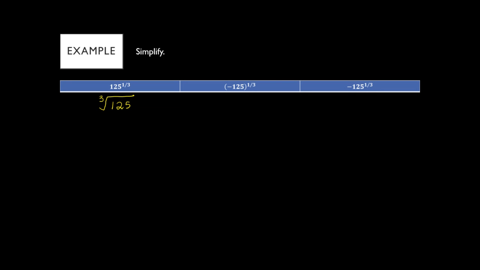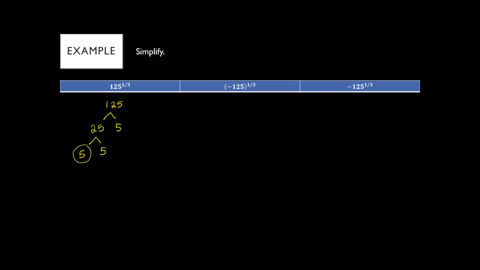And the reason why is if instead of writing it as the cubed root, we can rewrite the 125 as an exponent, whatever its exponent form is. So 125, if I did a factor tree to do the prime factorization, that is 25 times 5, and then 25 is 5 times 5.